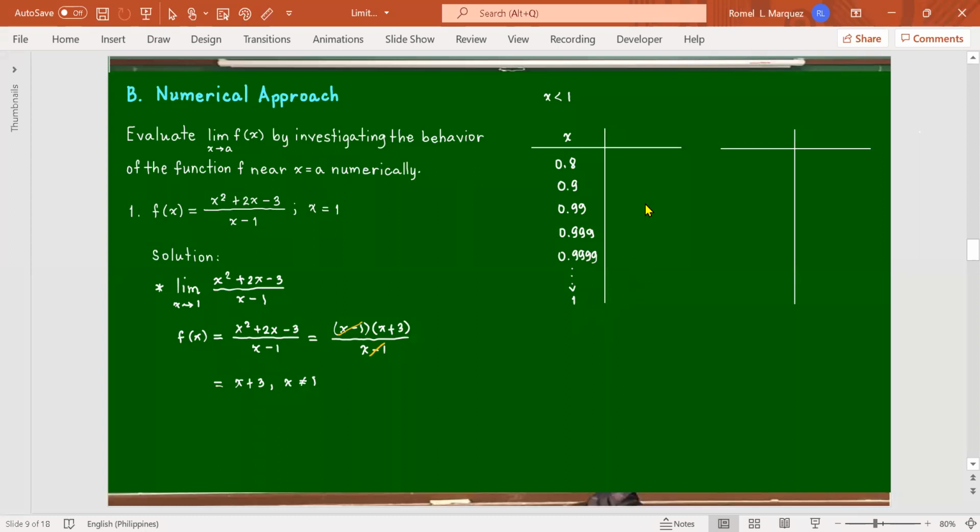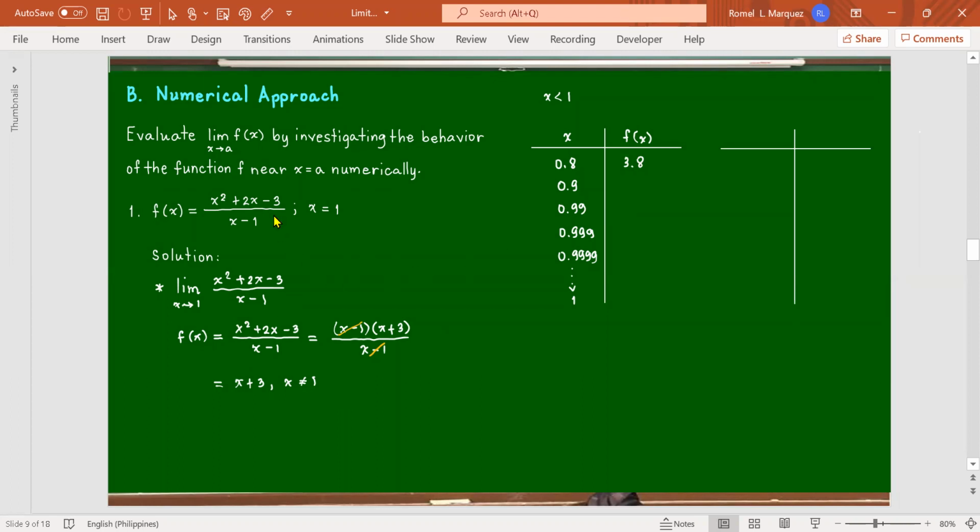Okay? Now, what are the corresponding values of f with these values of x? If x is 0.8, plug in here. So rather than in this rational function, we have 0.8 plus 3, so that is 3.8, no? Am I right, guys?